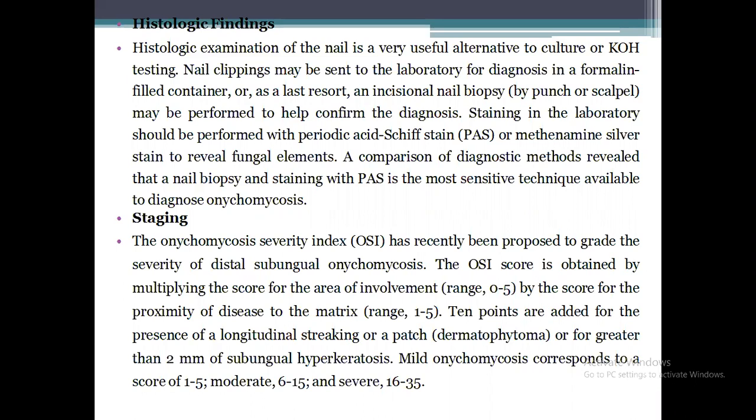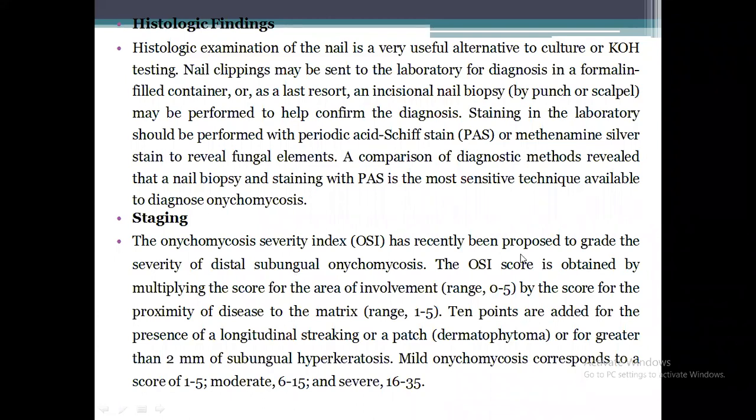Coming to staging, newly they have developed a severity index, which we call OSI. It has recently been proposed to grade the severity of distal subungual onychomycosis.